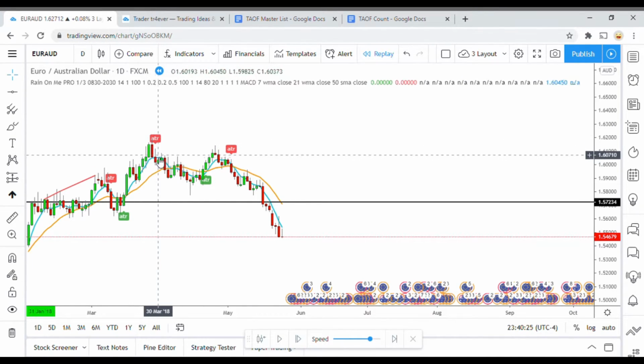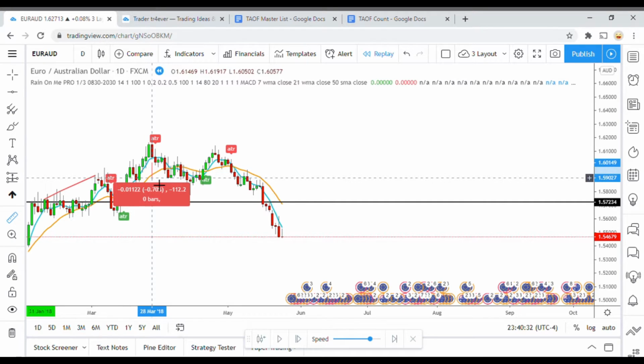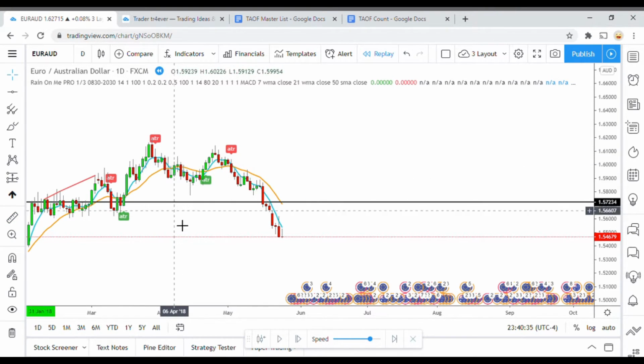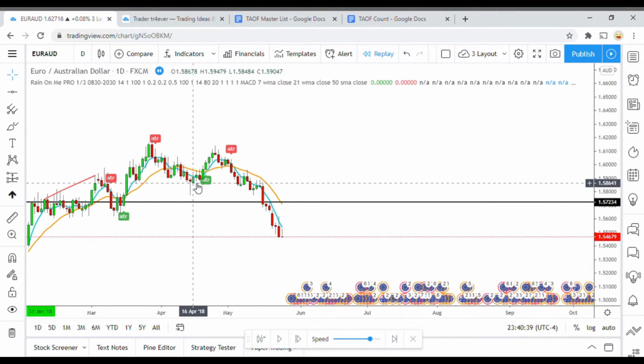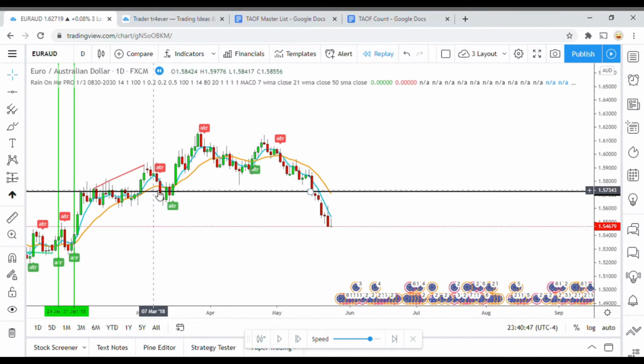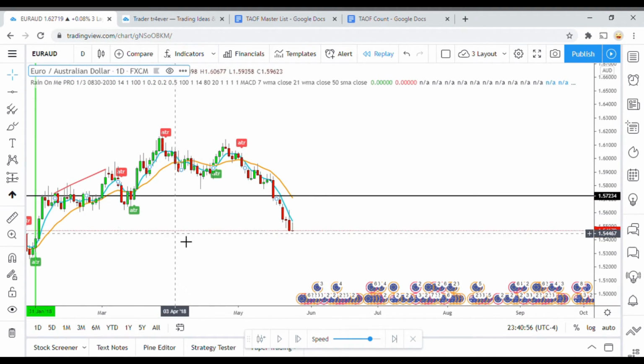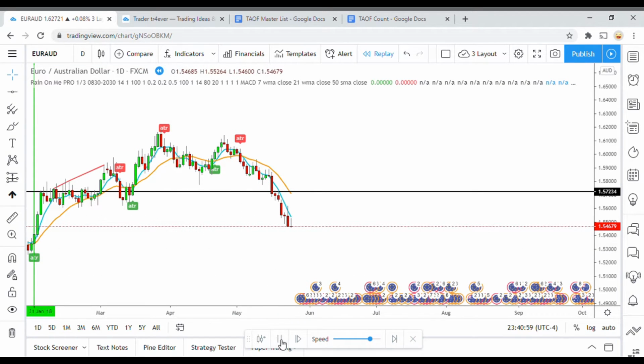I mean, this one out here, even this one, we would have still gotten take profit on, let's see, here. Yeah, we would have gotten take profit here. And so it cost us this trade, this trade, this trade, and this trade, which would have all been winning. And this one right here, it filtered out. And so there might have been a few back here as well that it filtered out.